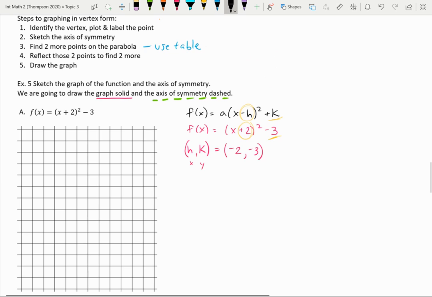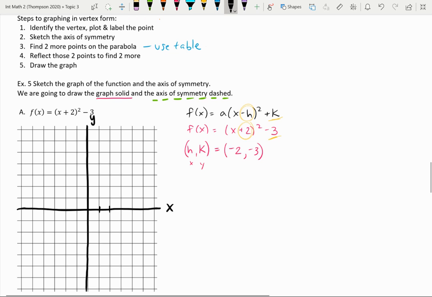Just like before, I'm going to draw my x and y axes. And with numbers like 2 and 3 and an a equal to 1, this graph isn't going to be too big. So again, I'm going to count by ones.